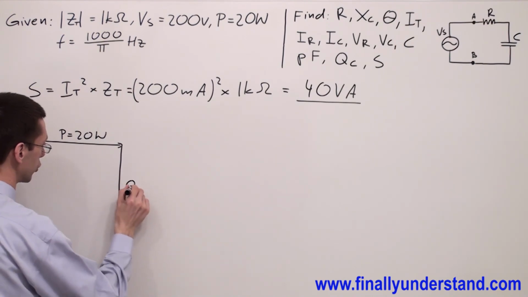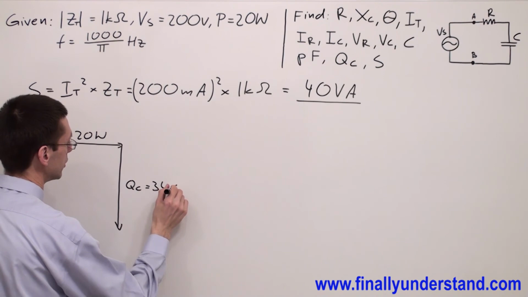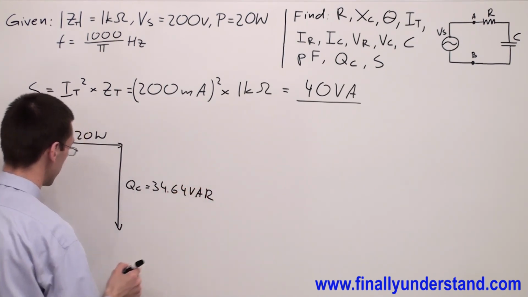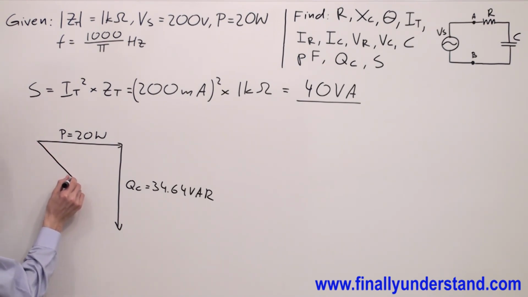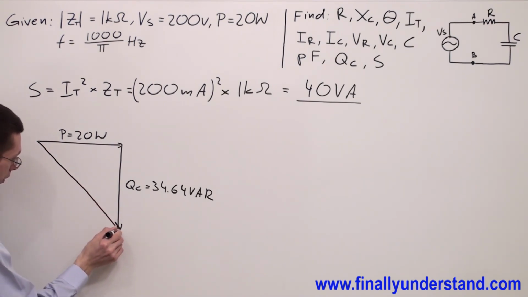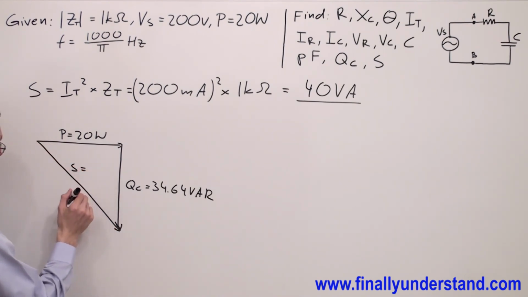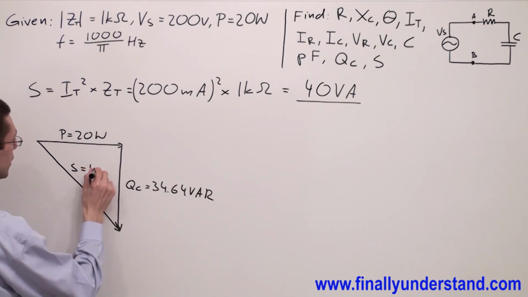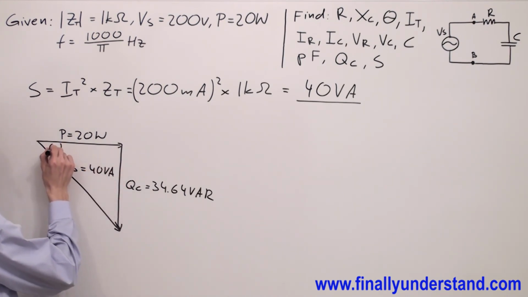This is my QC, which is equal 34.64 VAR, and my S is over here, so this is S equals, we found 4 VA, and this is your angle theta.